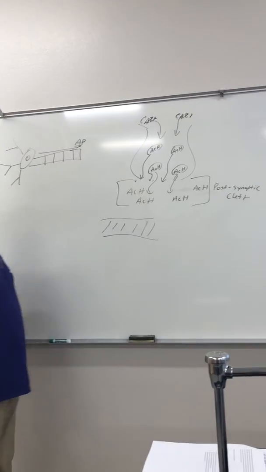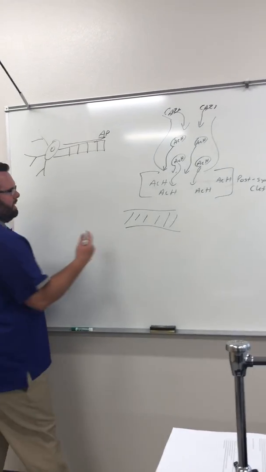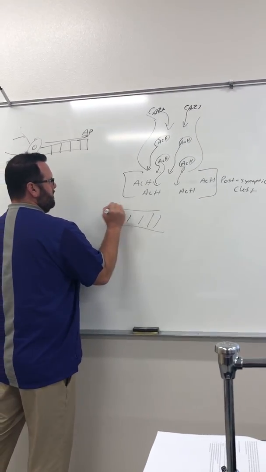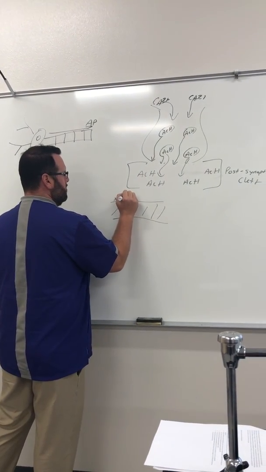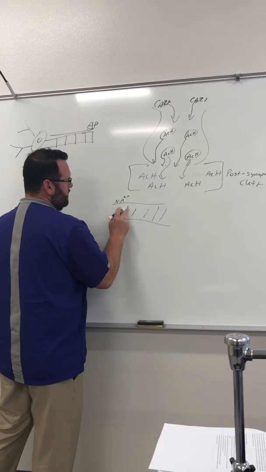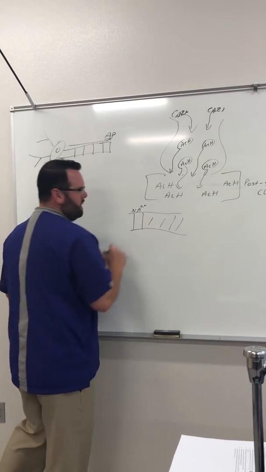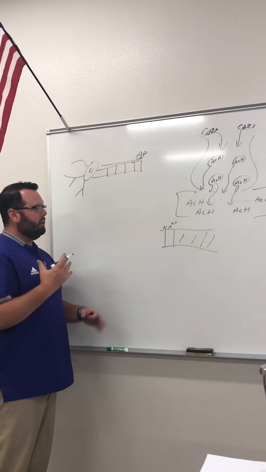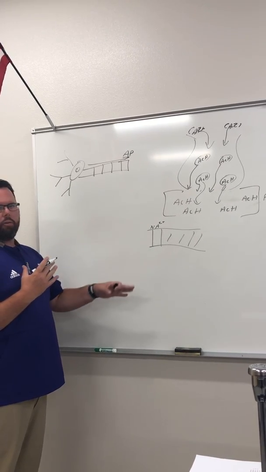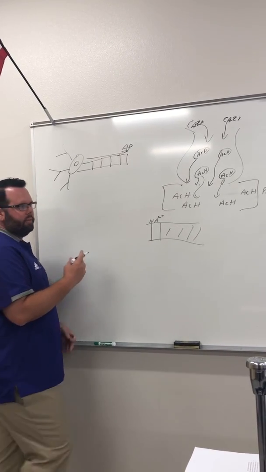Okay. Now, acetylcholine is then going to bind to sodium channels. So, okay. Well, as we talked about during cell membranes, we know that sodium requires an integral protein or a channel to allow sodium to flow inside of a cell.